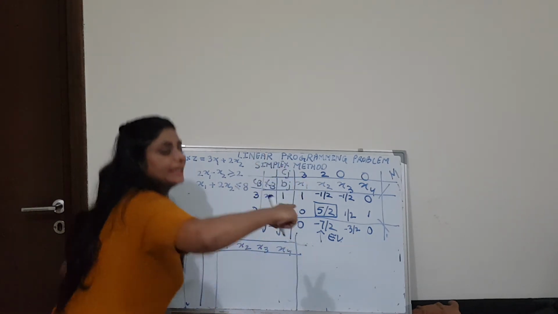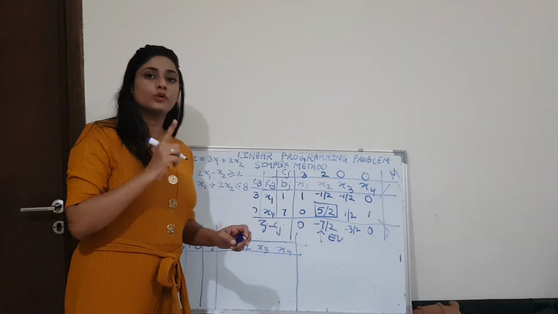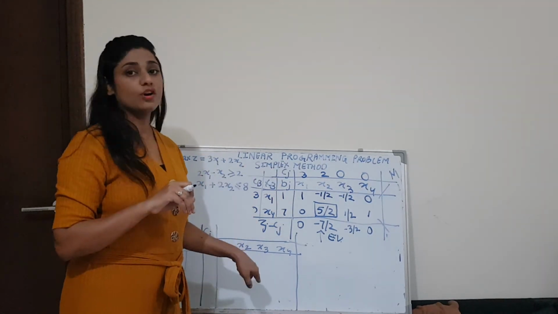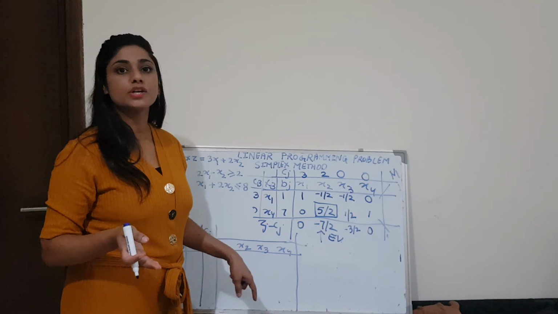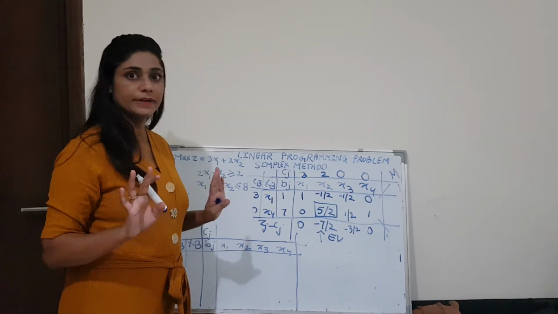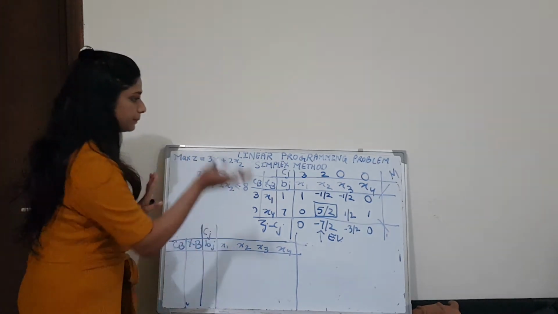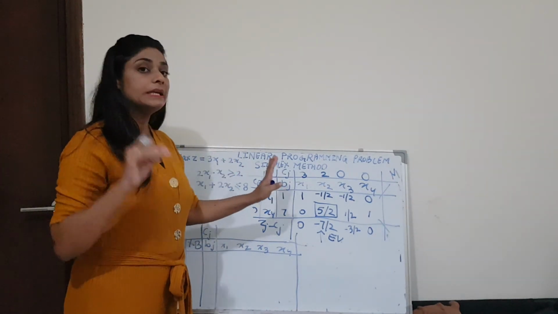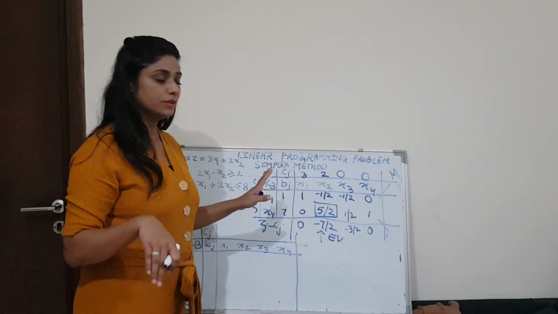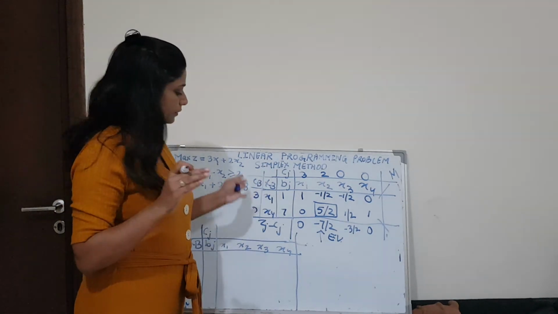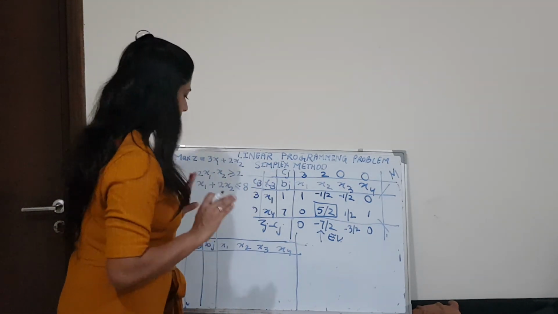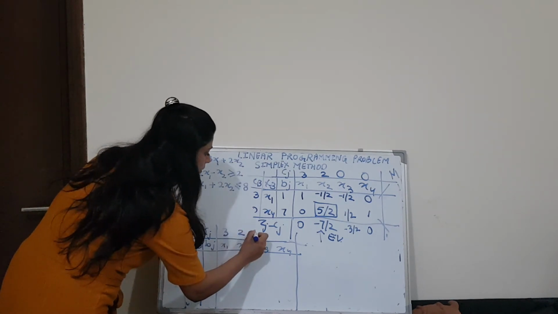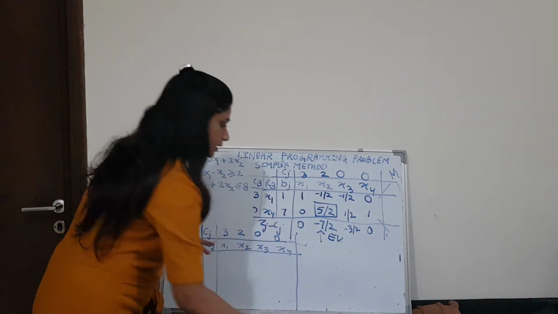We will eliminate a column only if we have the outgoing vector in the artificial column. Then we will remove the artificial column. Otherwise no need to remove any column. In the previous video we had an artificial variable as the outgoing vector, so we have removed that column. Now coefficients are the same, 3, 2, 0, 0.